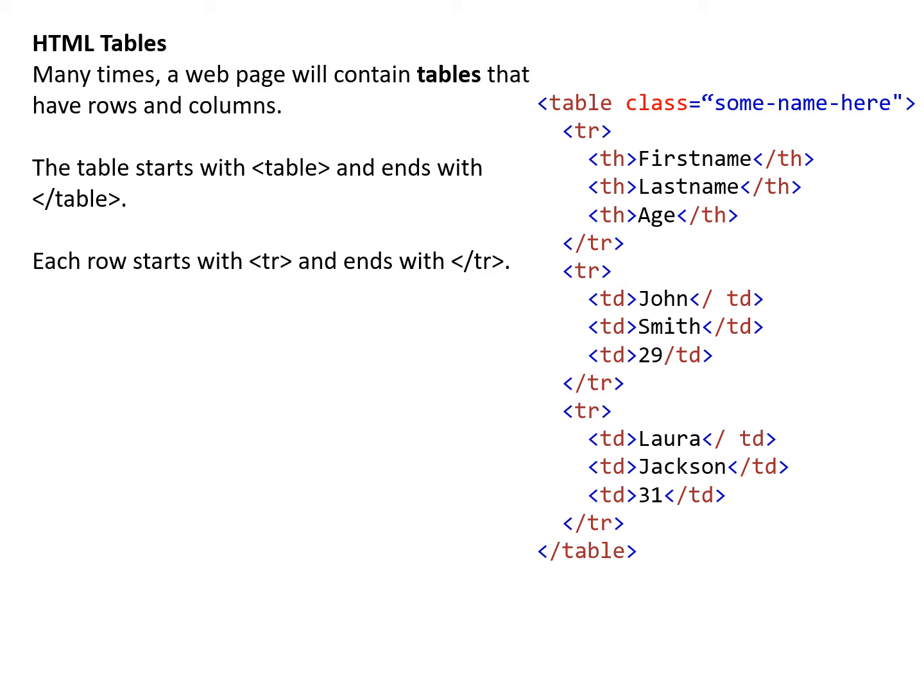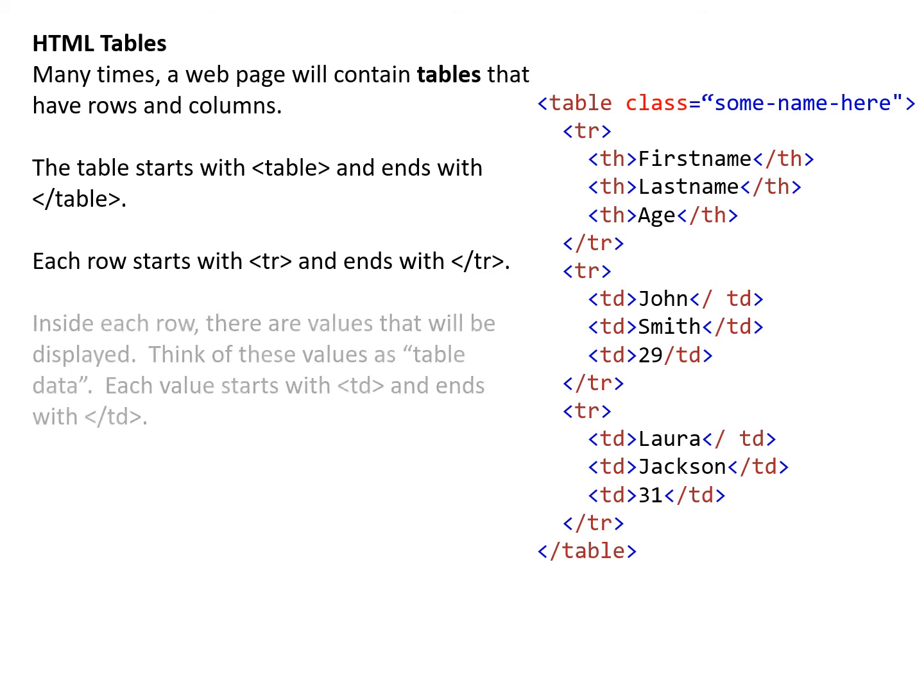So you see it looks like there's going to be 3 rows represented in this HTML table, because there's 3 blocks of TRs.